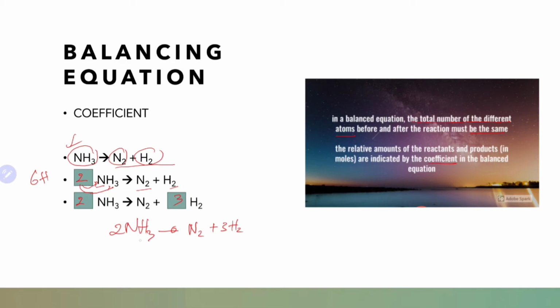In this equation, the coefficient is 2 and then 1 here, without number means 1, and then 3. So the coefficients of the equation are 2 to 1 to 3. That's the ratio of mole.